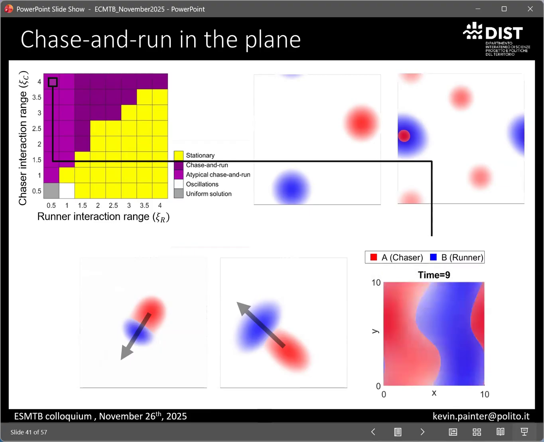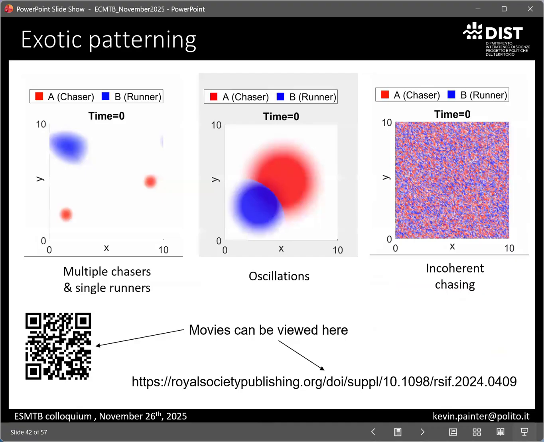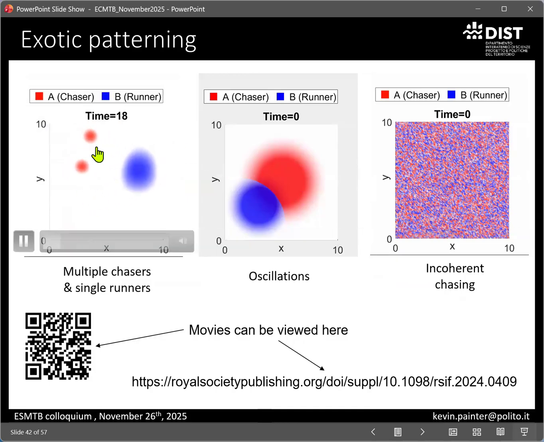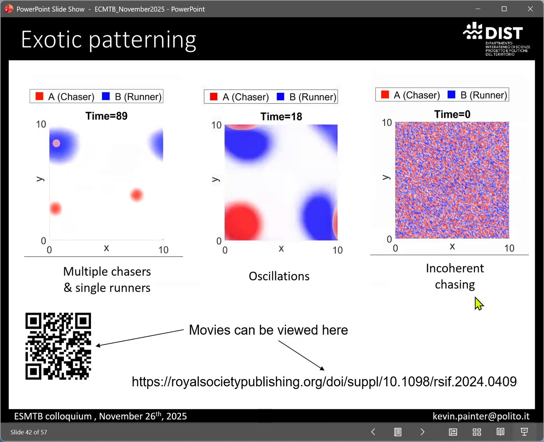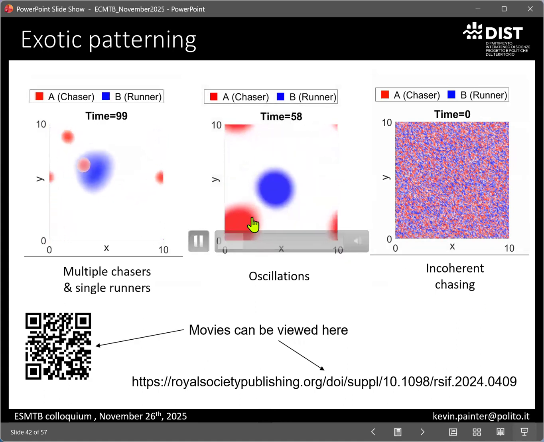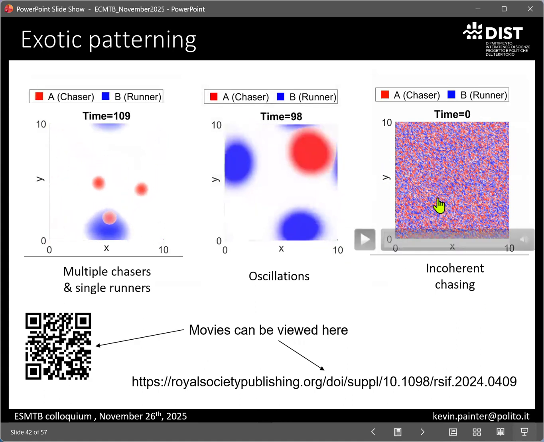And further exploration of that 2D parameter space revealed a whole variety of different patterns. Rather than multiple groups of runners and a single group of chasers, you could get the reverse scenario, with multiple groups of chasers and a single group of runners. You could get highly regular oscillating dynamics.